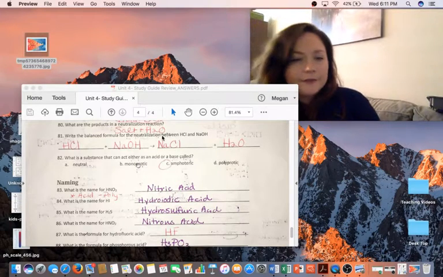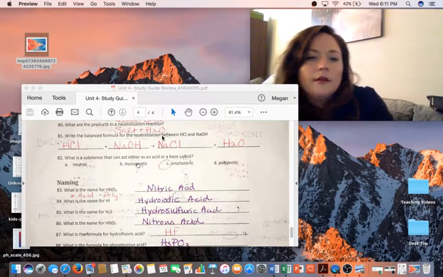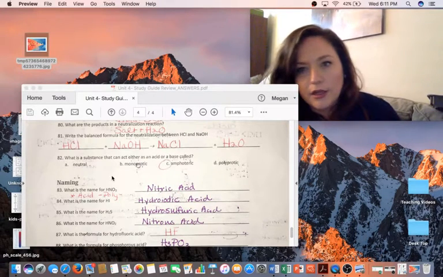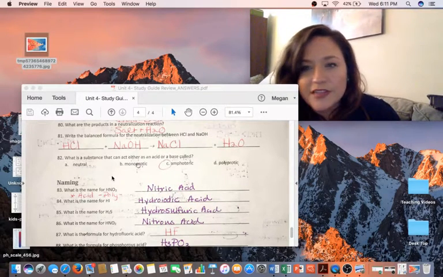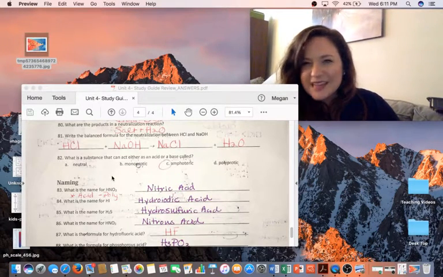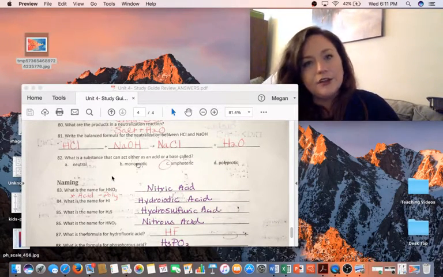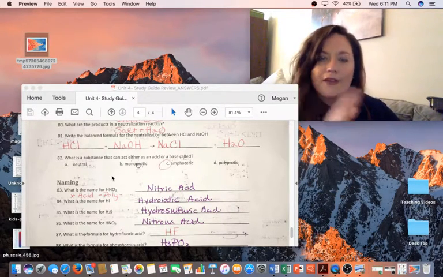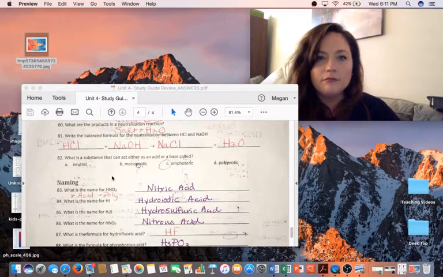All right. Number 82 is just a straight definition you guys are going to need to know. Amphoteric is literally a substance that in a reaction can be either one, acid or base. He is Switzerland.